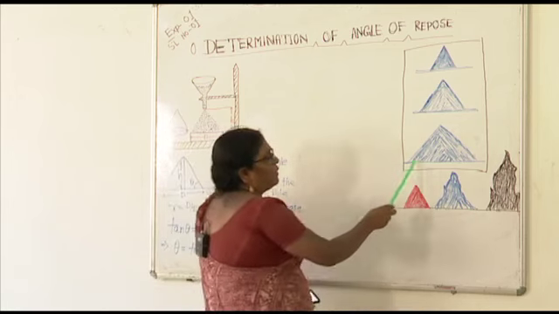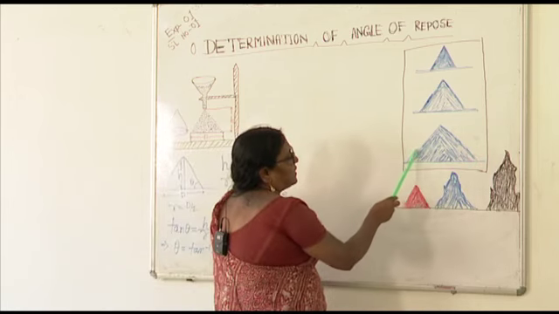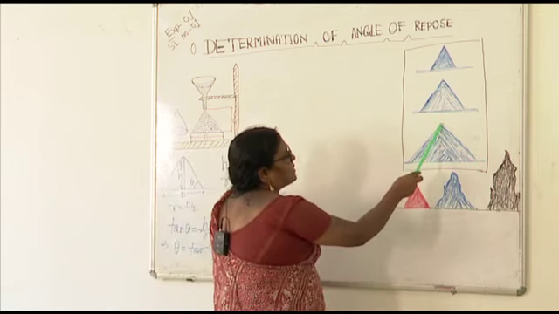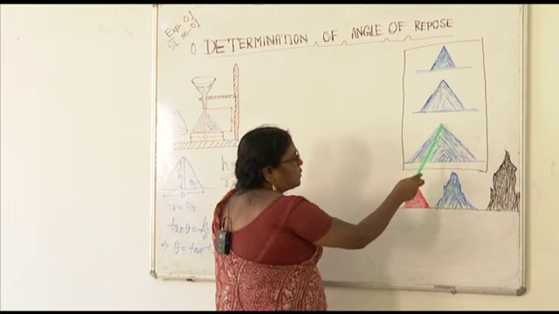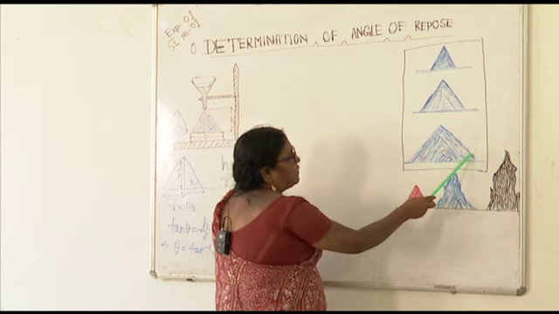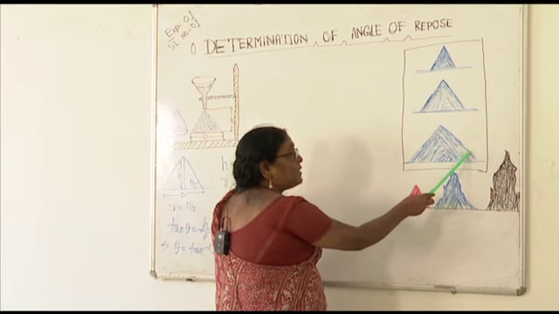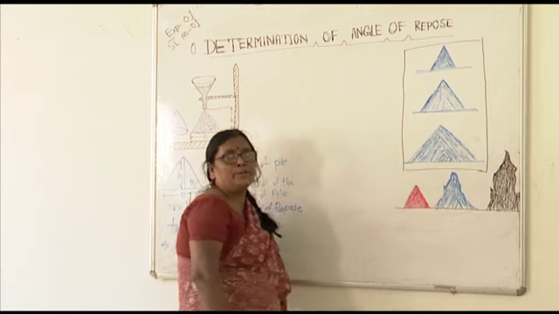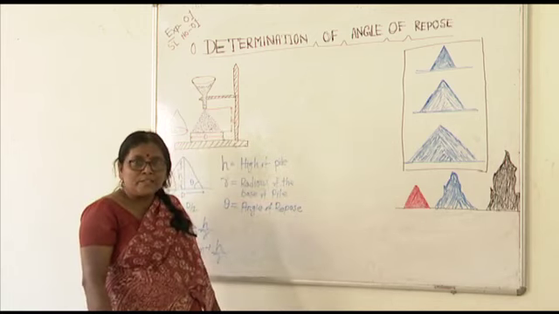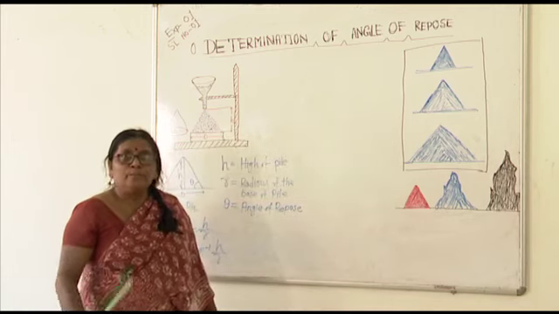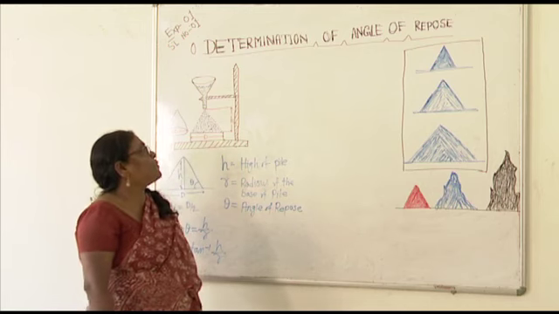And you can look at this. There is a base and this is the tip, and between the tip and the base, if you measure, you can find some angle. This is the angle we are going to measure. This is the angle of repose.